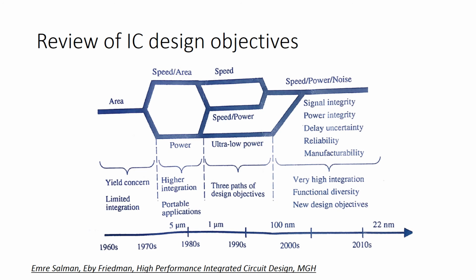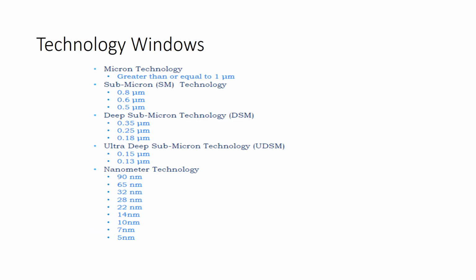So now the integrity issues have increased manifold. We'll discuss in detail, but I'm just giving you the overview. This was from your textbook, Imre, Salman and Friedman, High Performance Integrated Circuit Design. These are the technologies.